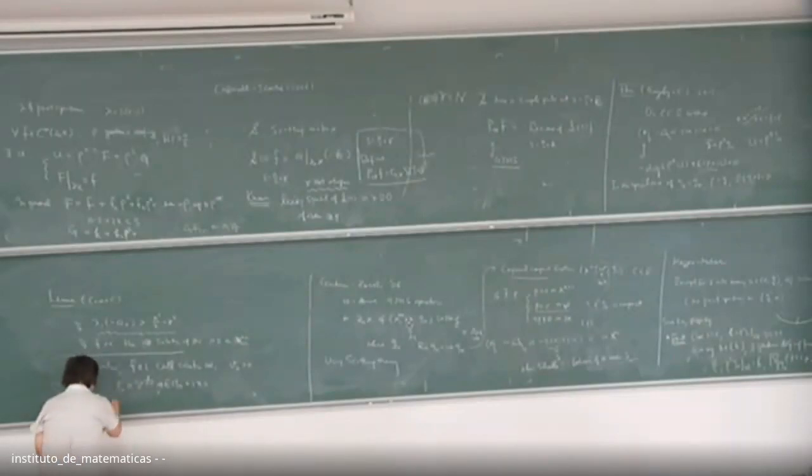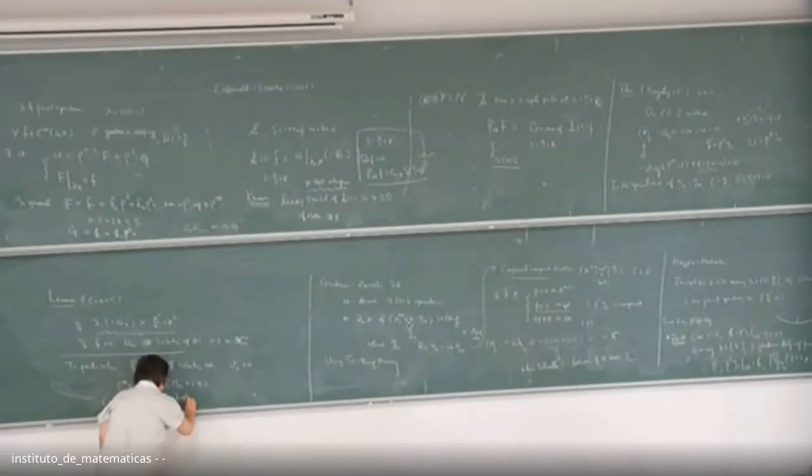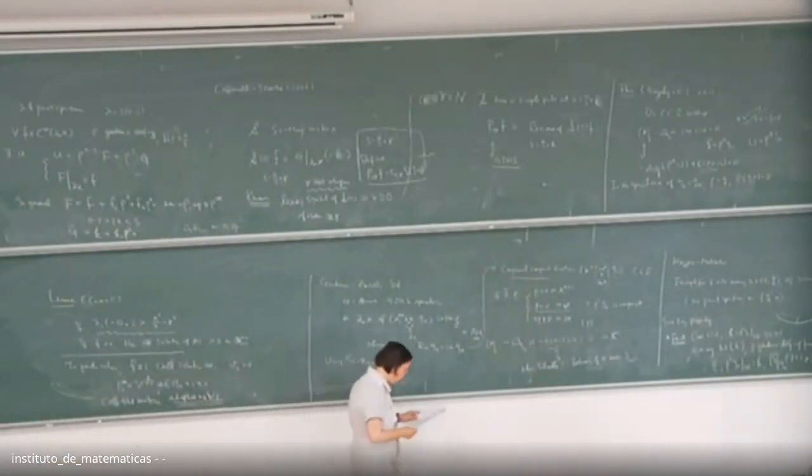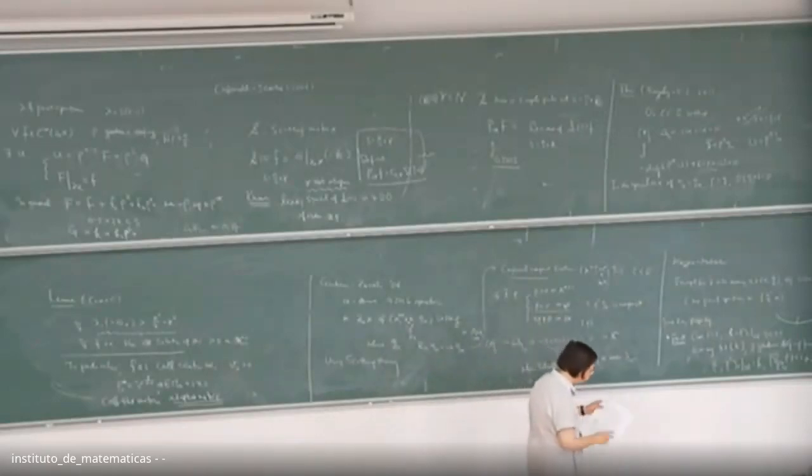So I call this the metric, I call it the adapted metric. Just give it a name. These are the specific solution with this Dirichlet data F identically 1.